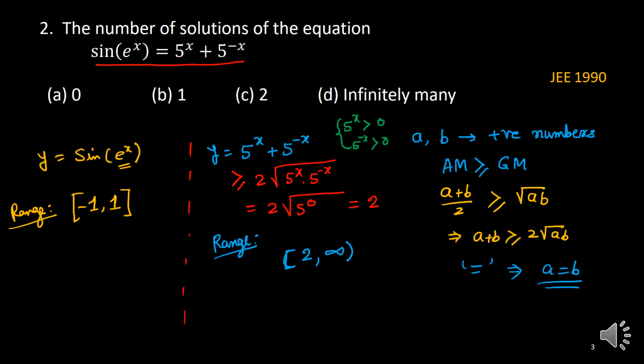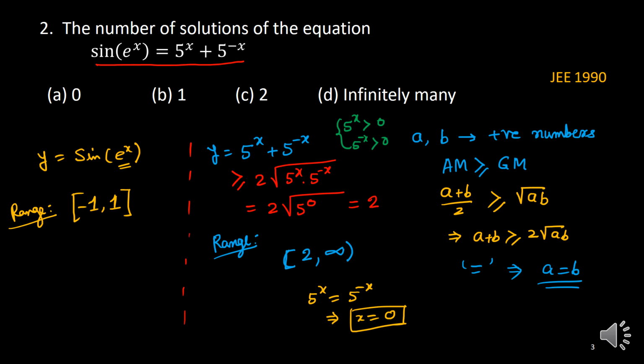When a equals b. Only when both are the same do you get the equal sign. So 5^x = 5^(-x), which is only possible with x = 0, because at x = 0, 5^0 is 1 and 5^(-0) is also 1.